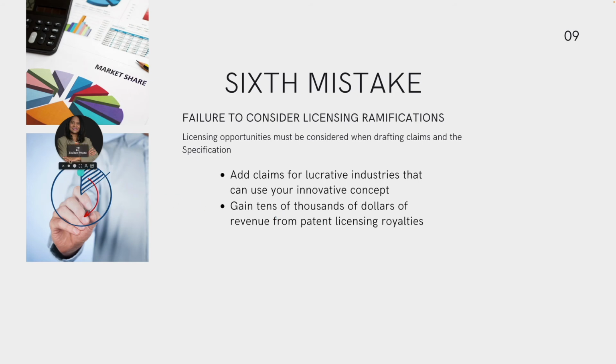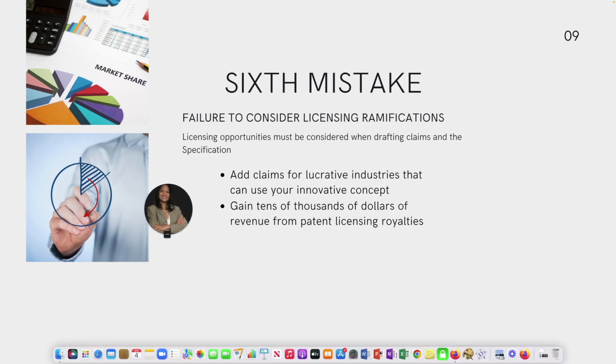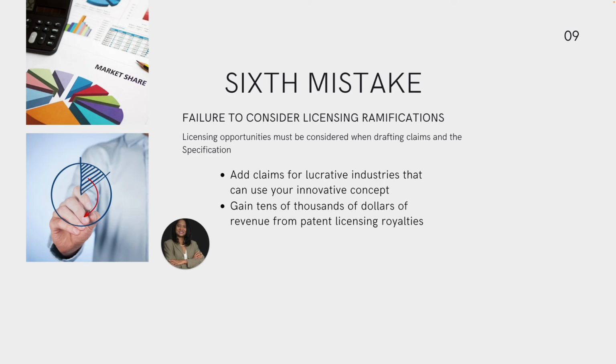Okay, the sixth mistake is a failure to consider licensing ramifications. There are licensing opportunities. That's what I was trying to get into in the previous slide. There are licensing opportunities that you need to consider when you're drafting your claims and your specifications.